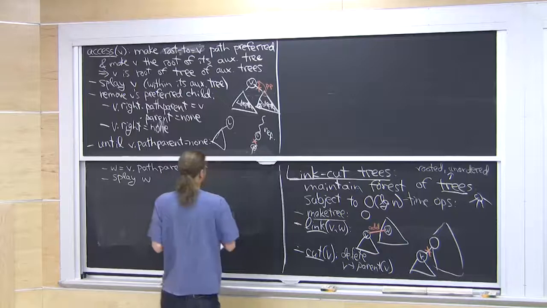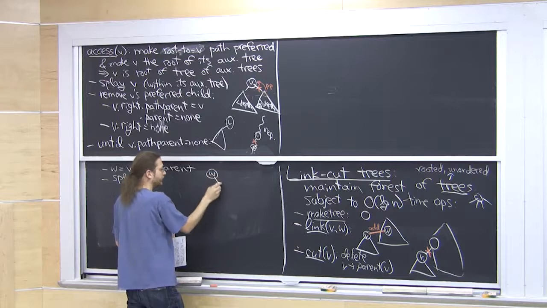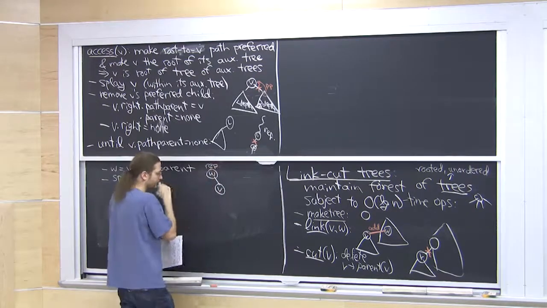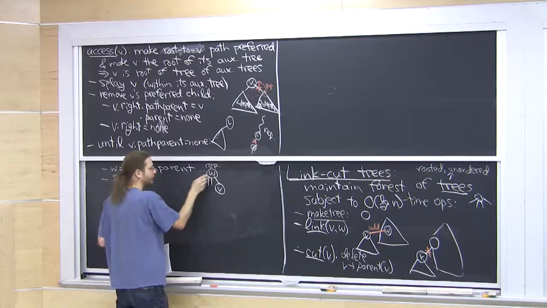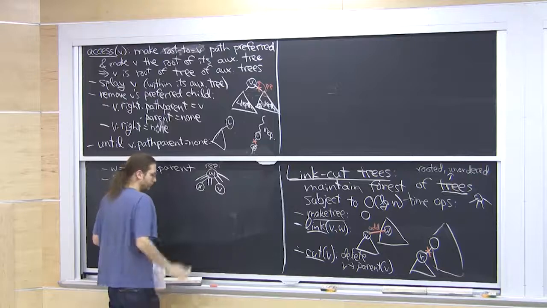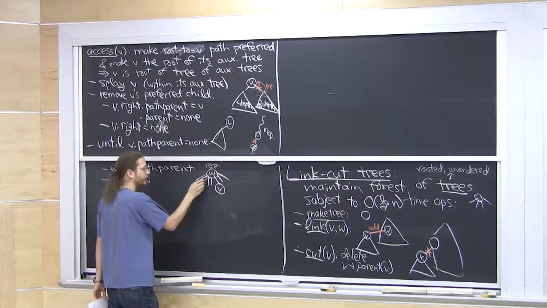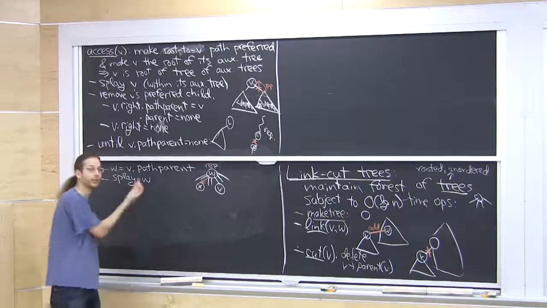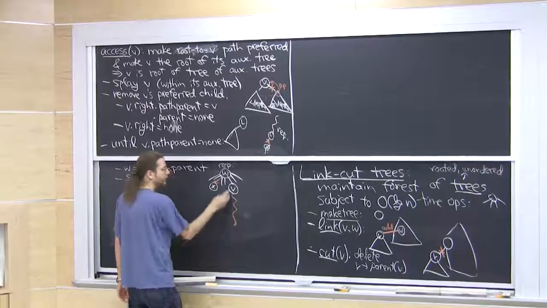Many pictures to draw. So we have, let's say, a node W has a child V. This is the represented tree. It has some other child X, and it can have many children. Let's suppose that right now the preferred child from W is X. It's not V because we just followed a path parent pointer to go from V's path, which is something here, to W's path.